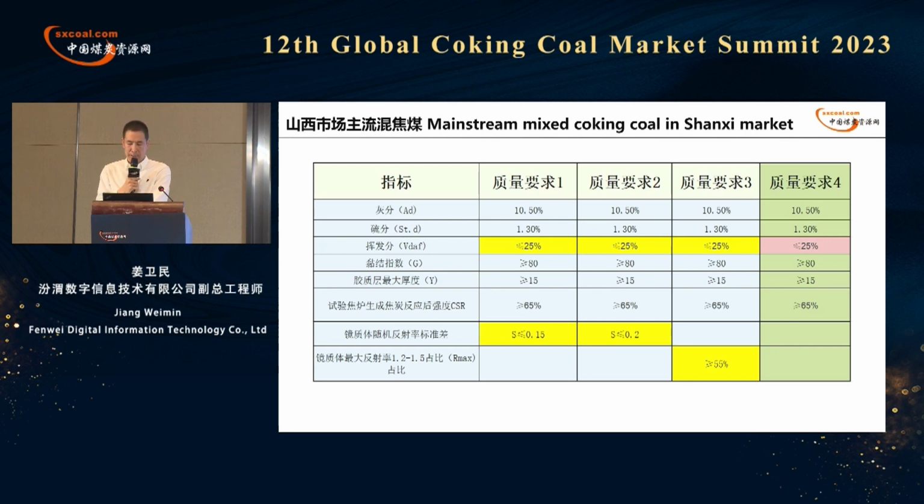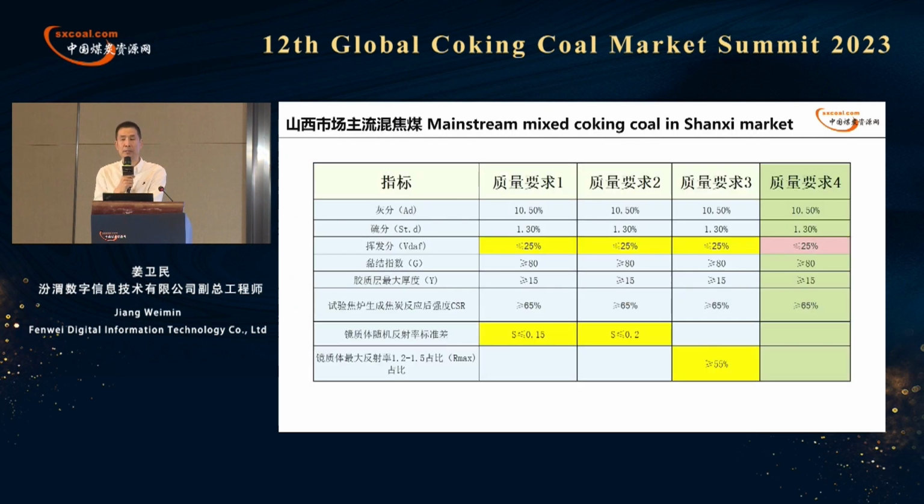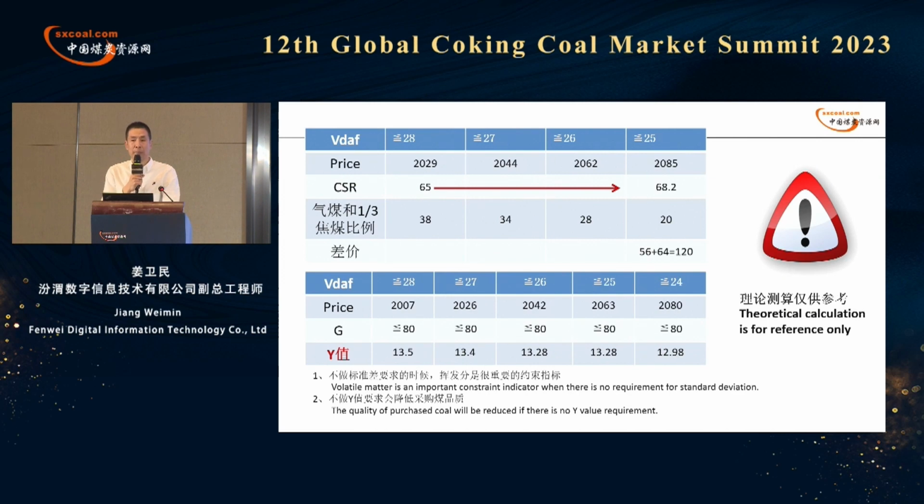For vibration, there are many different values, lower than 25%. Accordingly, I have selected 4 different types of coals: 2 coking coals, and then some thin coals and methane coals.